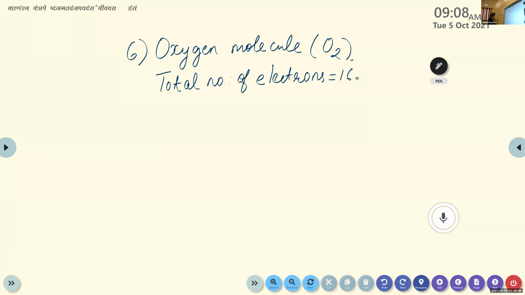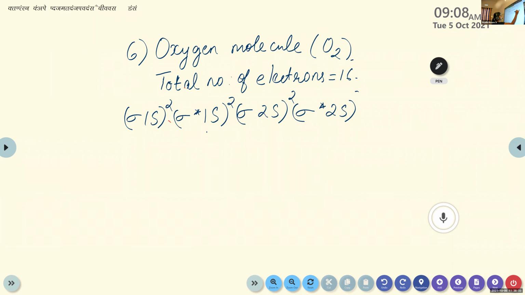The next one is molecular orbital electronic configuration. We will start with sigma 1s2, sigma star 1s2, sigma 2s2, sigma star 2s2.